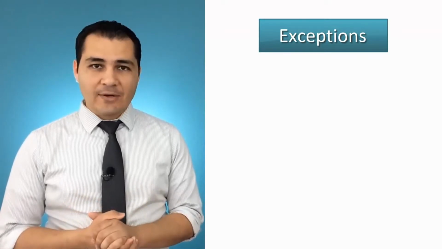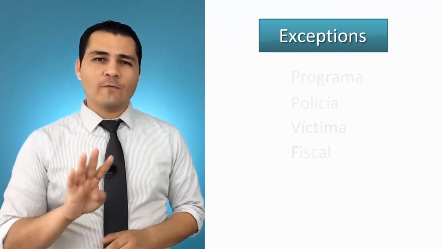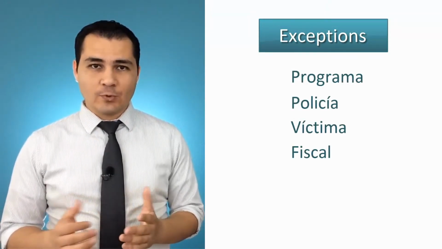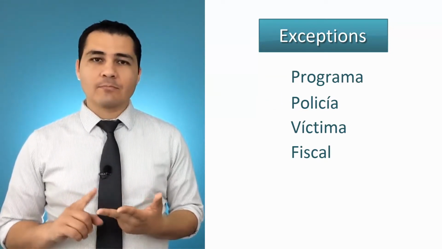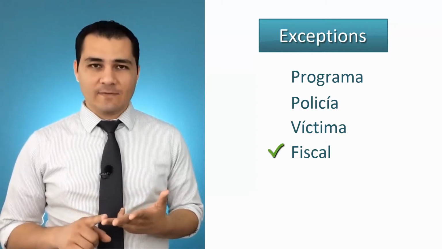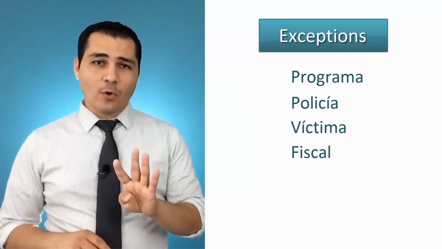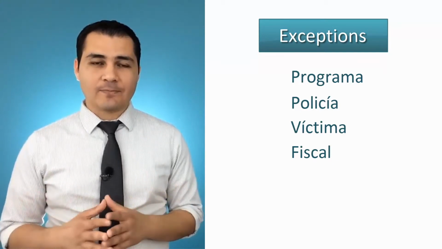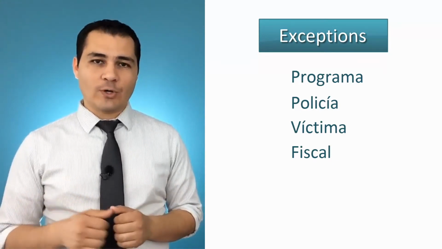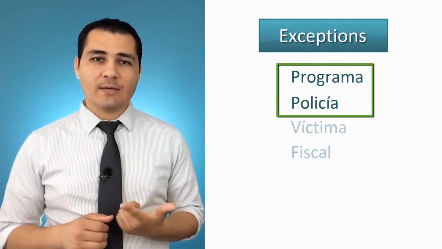Now, let's talk about exceptions. There are 4 very important exceptions to these rules. The words programa, policía, víctima, and fiscal. These are 4 words that are essential to our everyday vocabulary. Let's begin with the first 2 words, programa and policía.